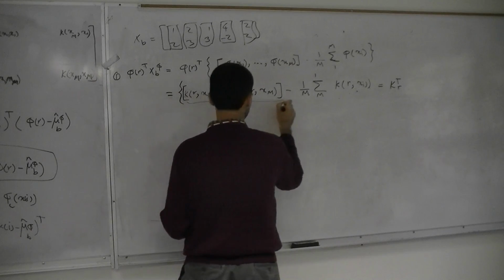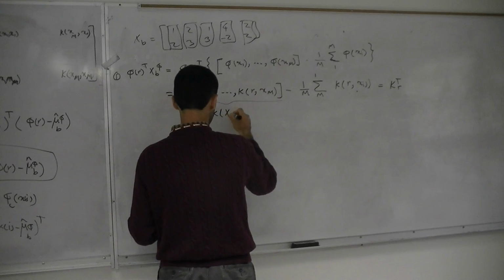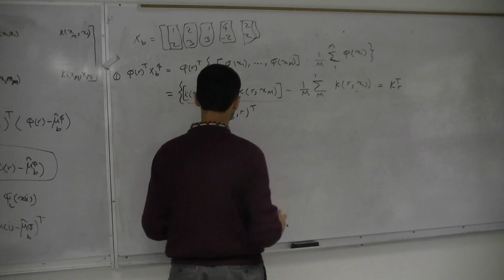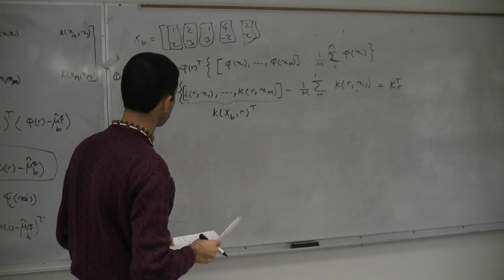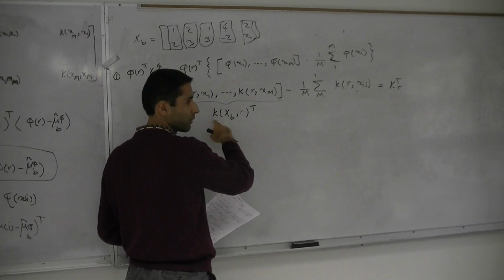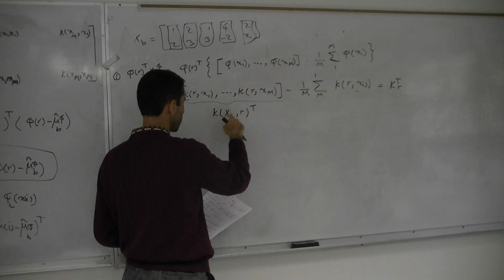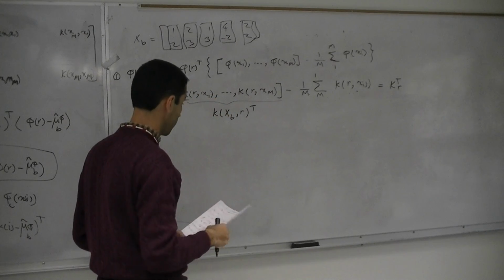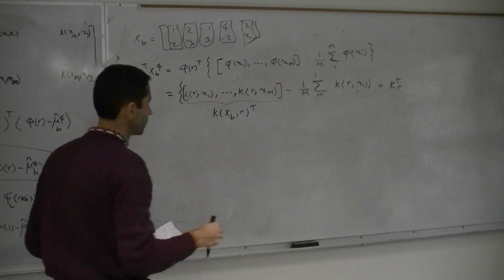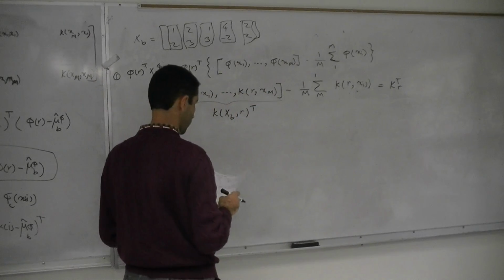This term is referred to as k x_r transpose: for one point, the kernel values between all of the unbiased data and the point that we want to find the value for. And this one is the mean value of this vector.